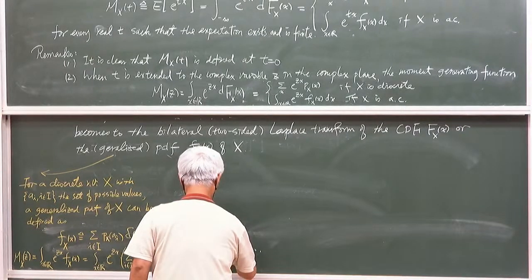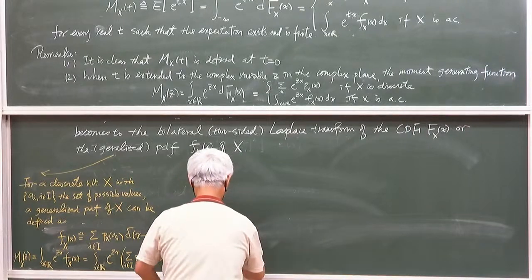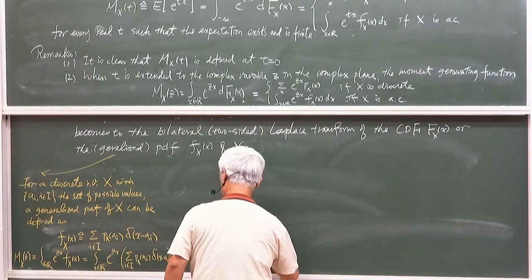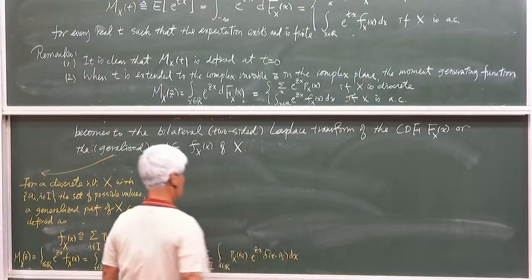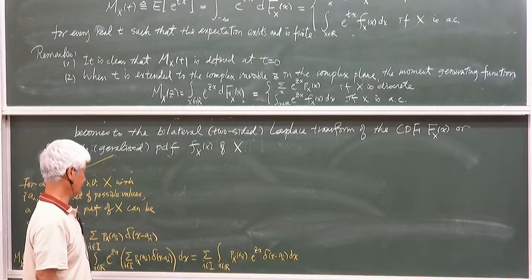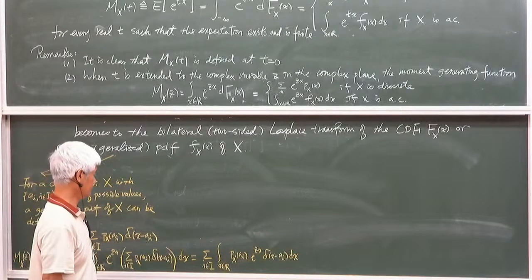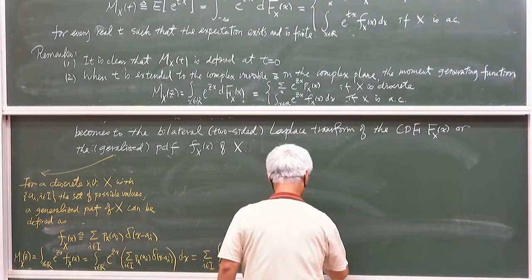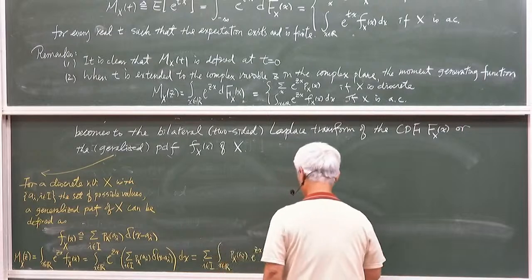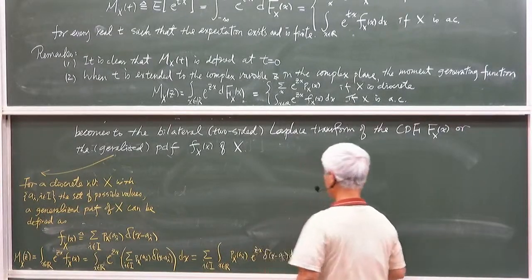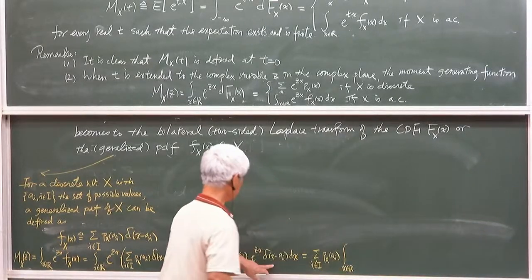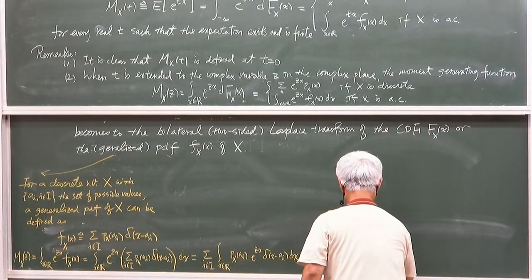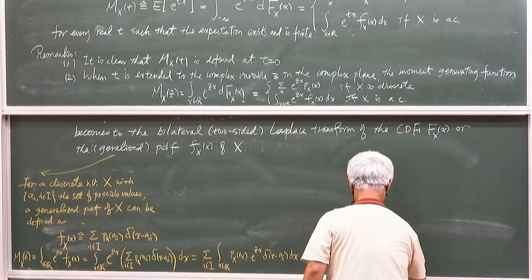This is equal to the sum of P(X = a_i) times the integral of the delta function of x minus a_i dx. By the sampling property of the delta function, the function of x becomes e to the z a_i.